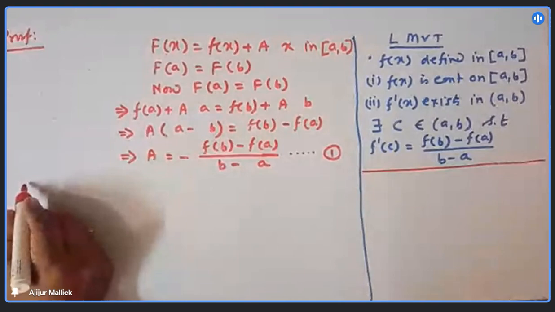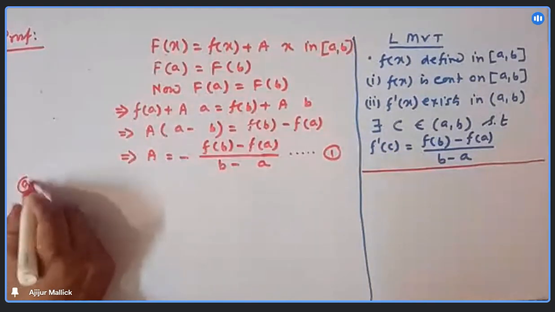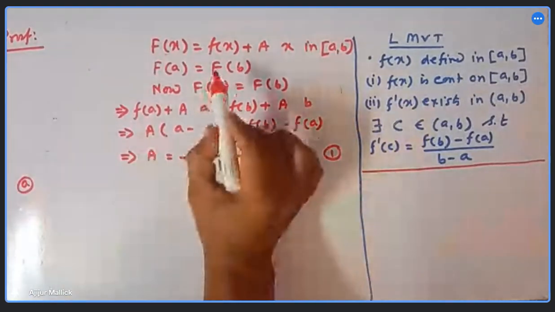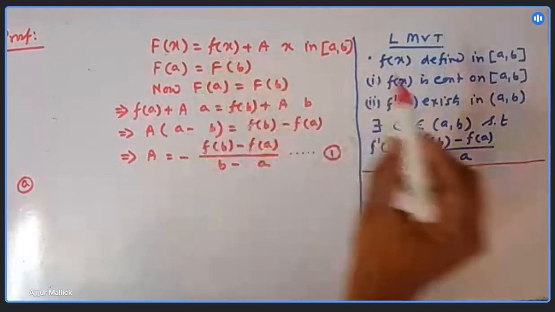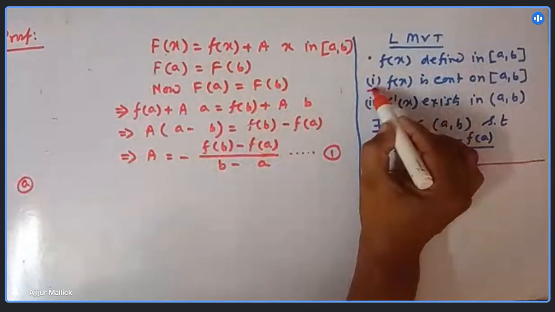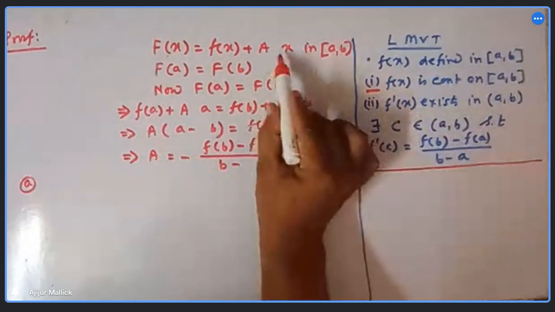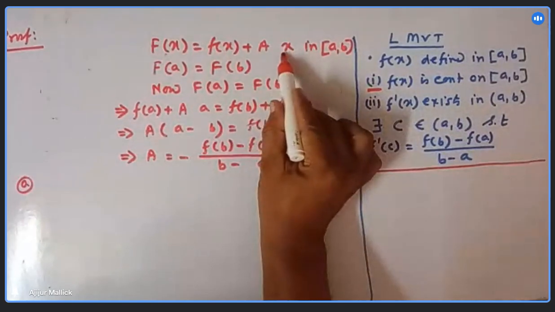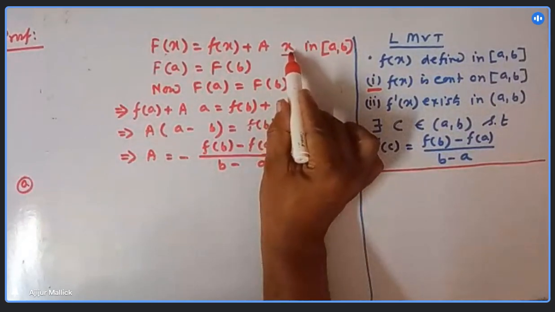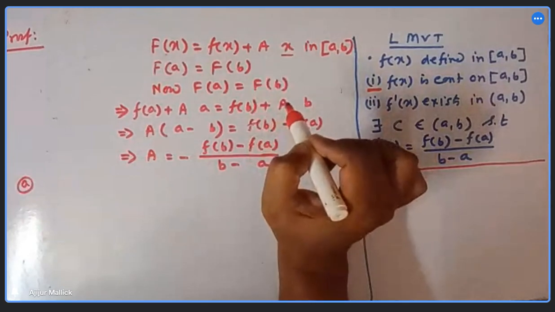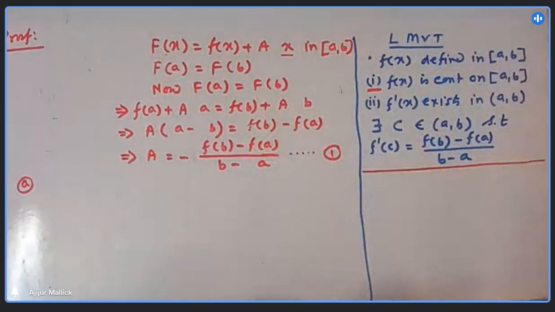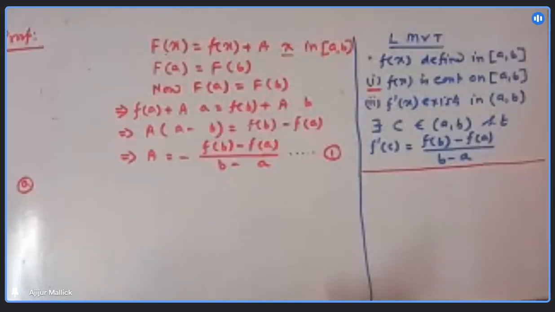Number a, first is this: small f(x) is continuous, it is given, and x being a polynomial, it is continuous, and the sum of two continuous functions is also continuous.